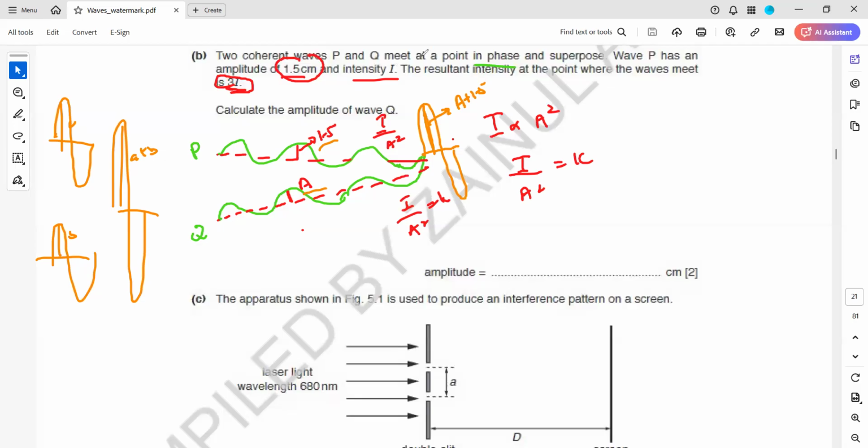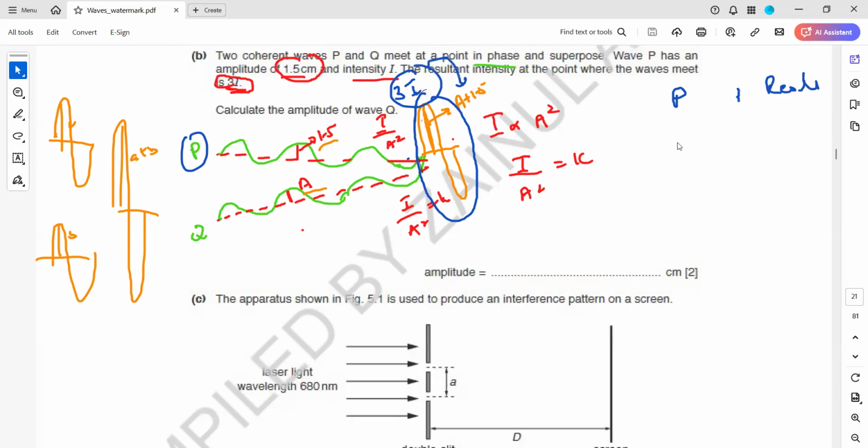And we just simplify this, because in the question we know the intensity of the resultant. What is the intensity of the resultant given in the question? It is 3I. So we know the amplitude and intensity of the resultant wave, and we know the amplitude and intensity of the first wave. We need the second wave. So we are comparing P and the resultant wave.